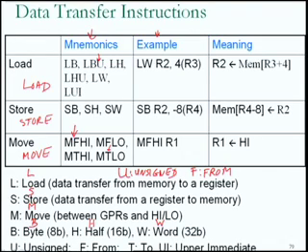T stands for to. And then finally, there is UI, which stands for upper immediate. Right. So with this terminology explanation, L stands for load, S for store, M for move. B, H, and W stand for byte, half word and word, and then unsigned, from, to, and upper immediate.